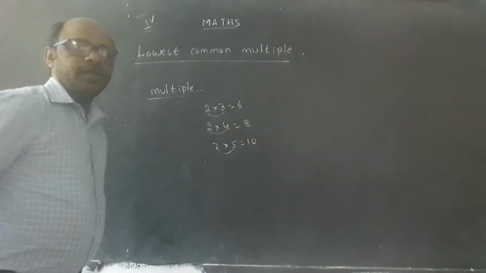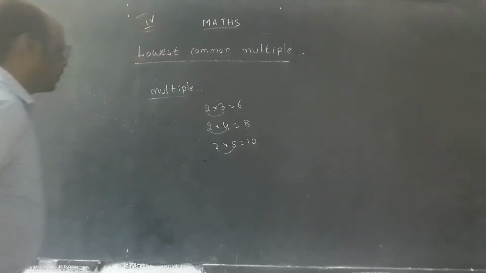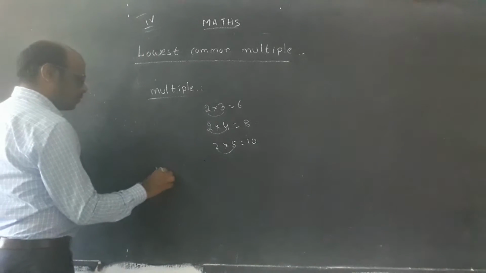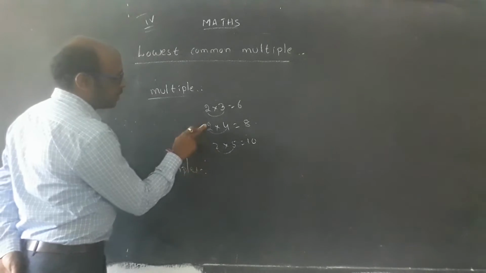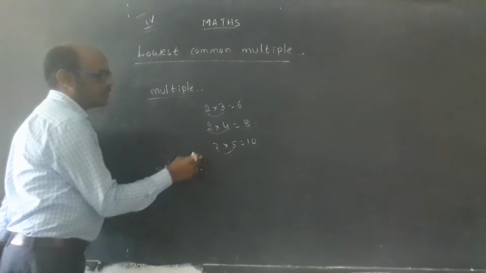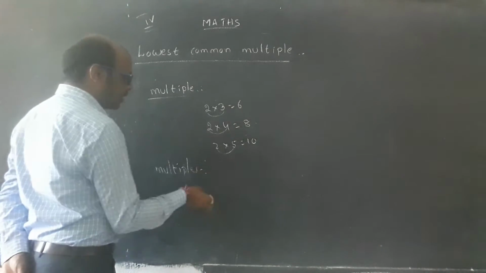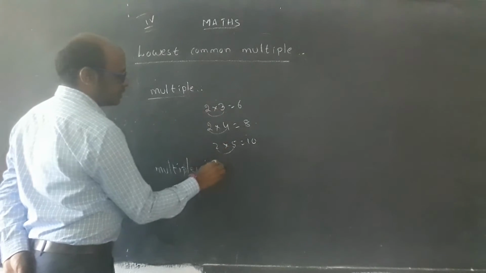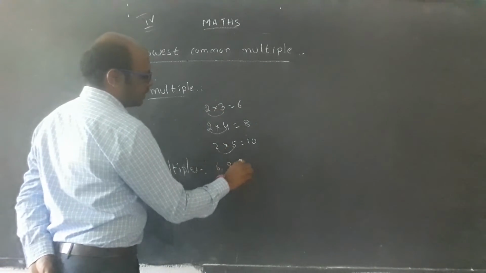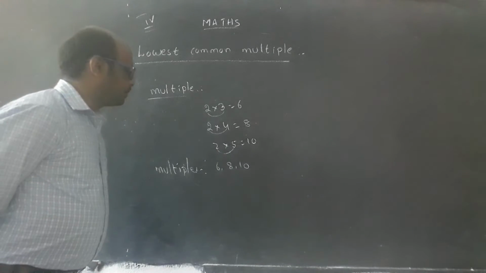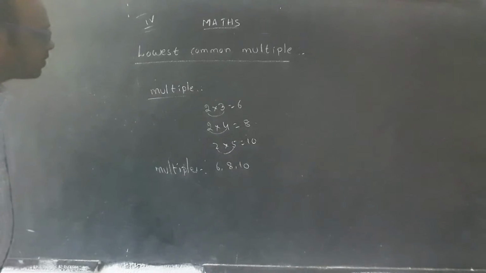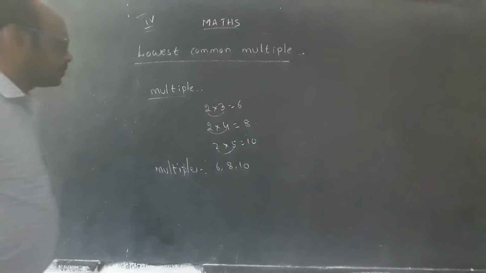This product we call a multiple. The repeating number is 2, so these are all the multiples of 2. Then 6, 8 and 10. This is how to write the multiples. Next, one more example.